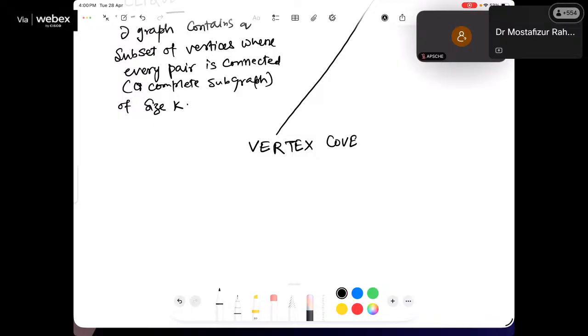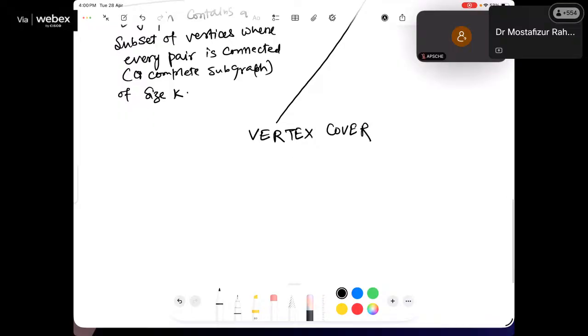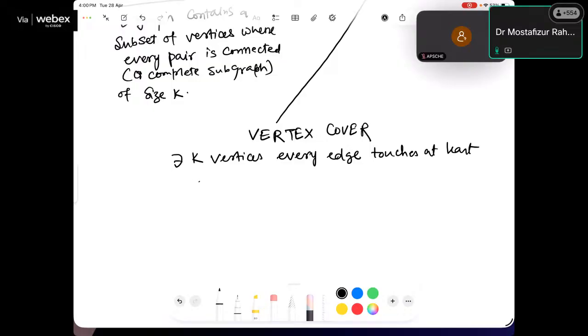Vertex cover: does there exist k vertices such that every edge touches at least one of them?